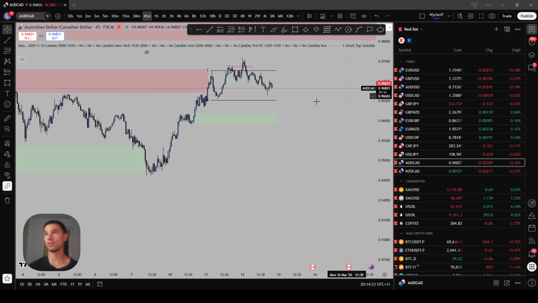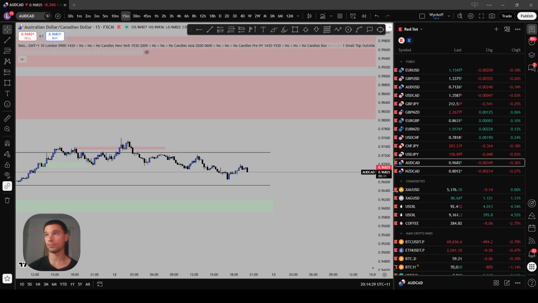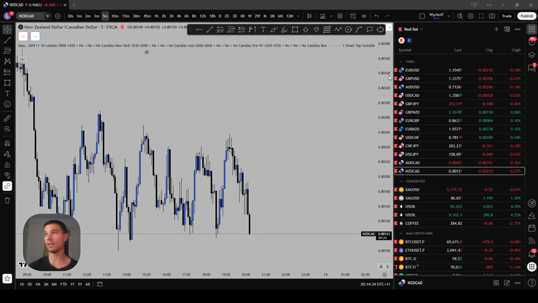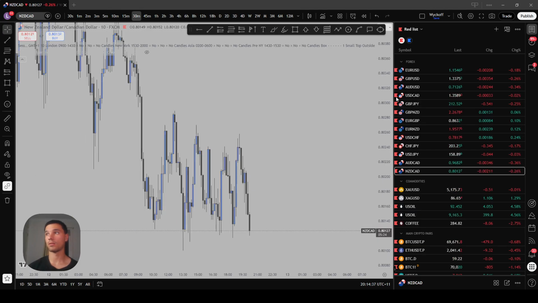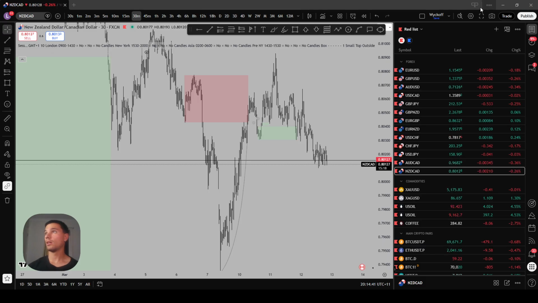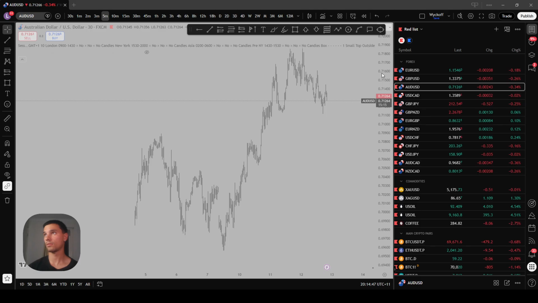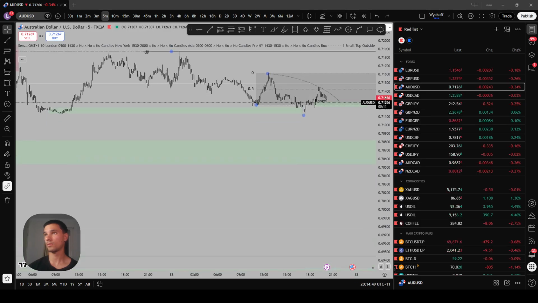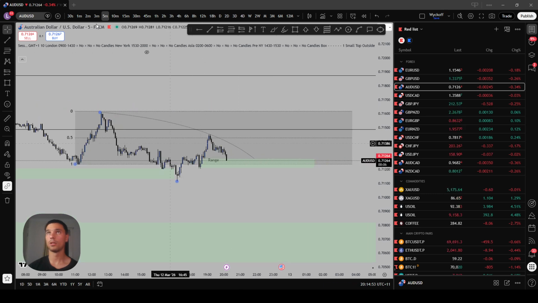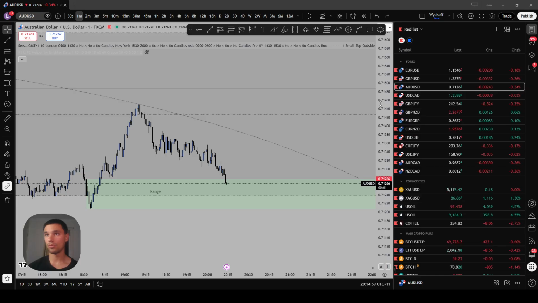AUD CAD. This distribution is looking to complete itself. We'll leave that as is, and NZD CAD, nothing really here. Let's see what AUD USD was doing. We have tapped into it.